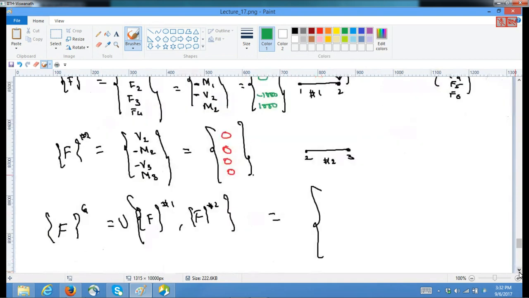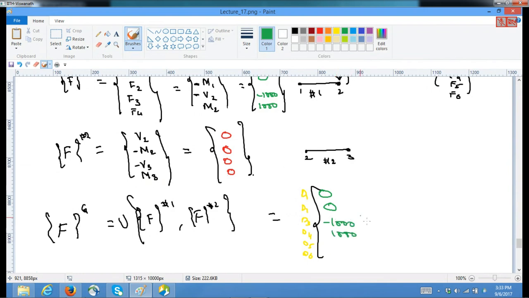This is the force vector for the element 1 and force vector for the element 2. So now when we combine it, we have to do it in such a manner that it is with respect to d1, d2, d3, d4, d5 and d6. Coming from the element 1, we had this as 0, 0, 0, minus 1000, plus 1000.